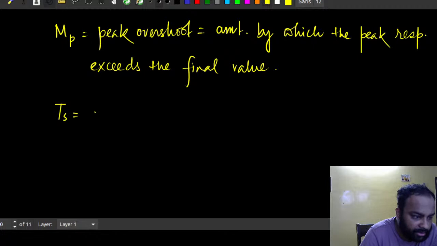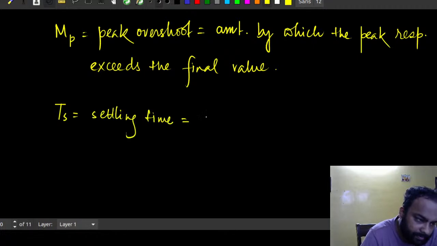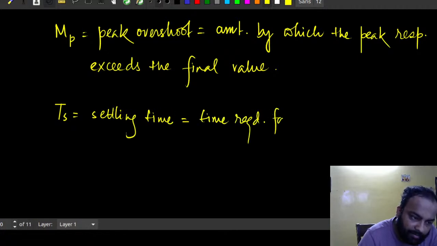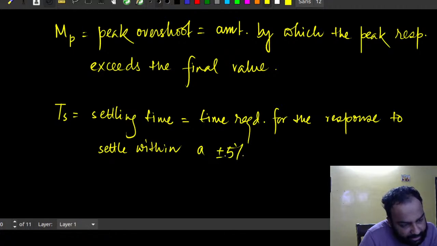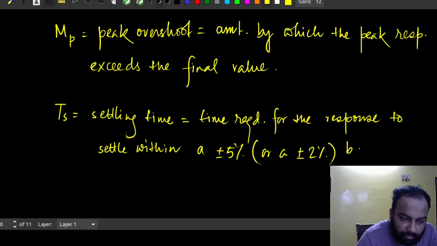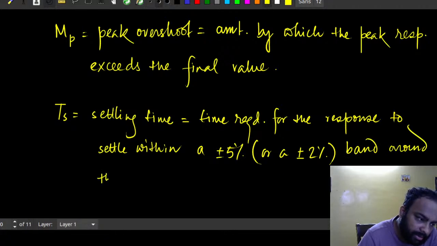TS, settling time: the time required for the response to settle within a plus minus 5% or a plus minus 2% band around the final value, around the steady state.